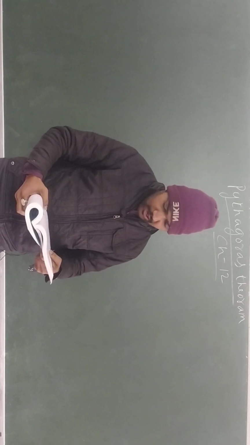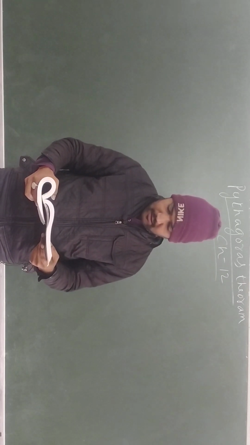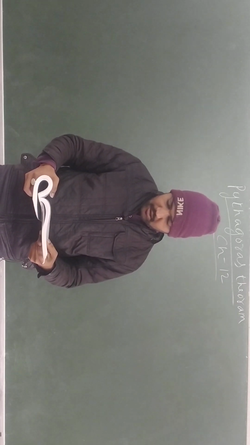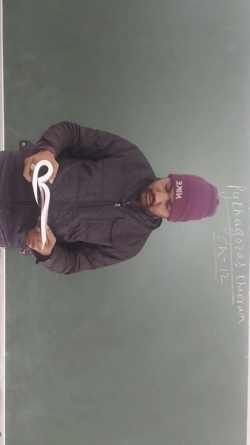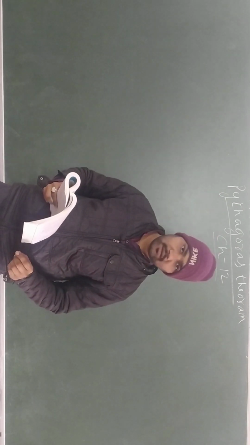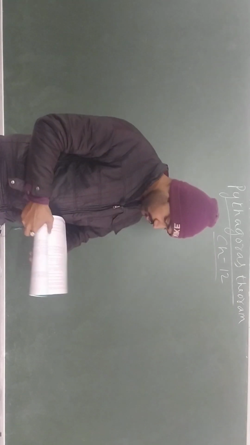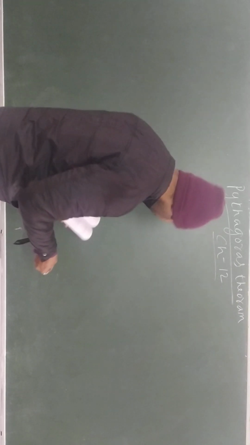What are they saying? They are saying that the hypotenuse of a right triangle is 6 meter more than twice the shortest side. So you have to read the question very carefully in these types of questions.